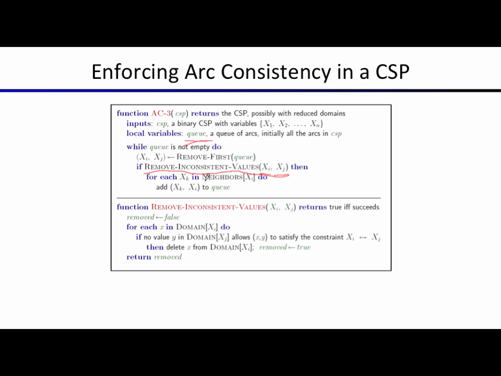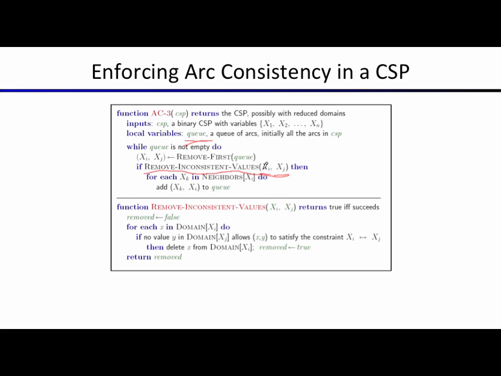Now what do we have to do if we removed values from xi? What arcs are going to be affected? Arcs that we might have already checked and declared consistent, but now we might be in trouble. Which arcs are affected if we removed values? All arcs coming from xi? Or from or to? Yeah. So what did we say? If I have an arc that was consistent and I remove something from its head, then I might be in trouble because now I have fewer options in the head.